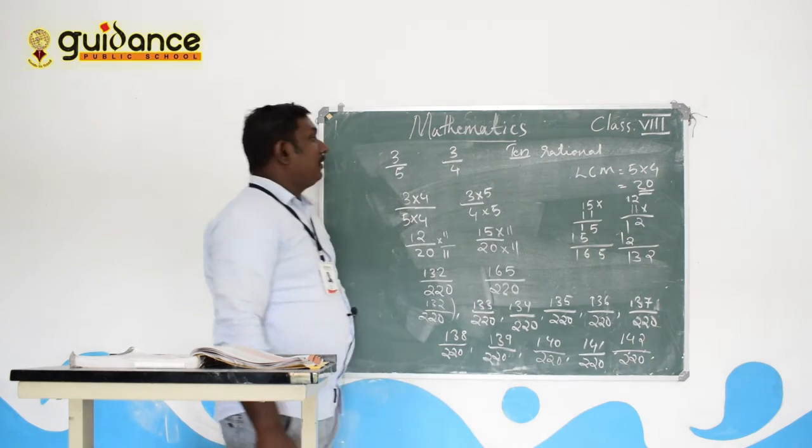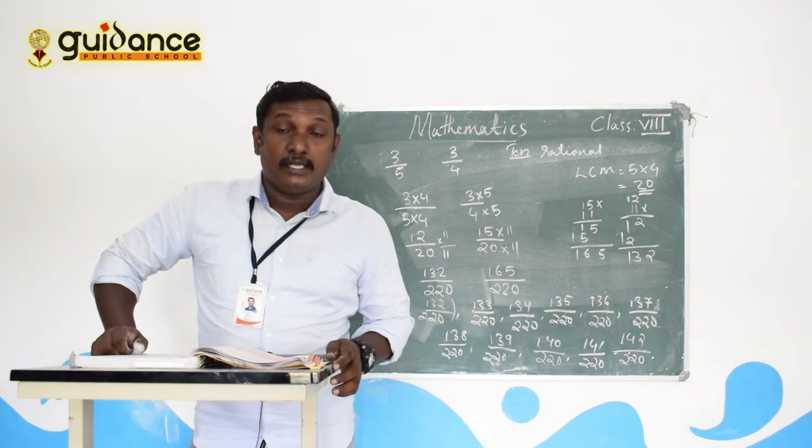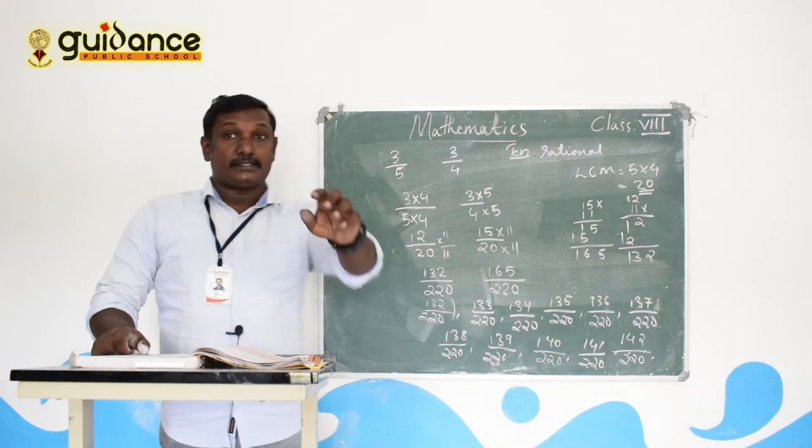Do you understand how we can find rational numbers between two rational numbers?